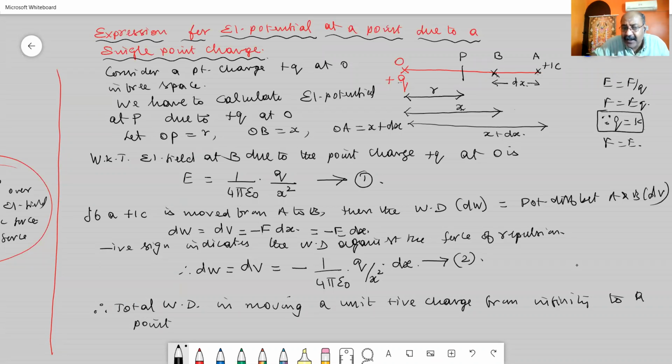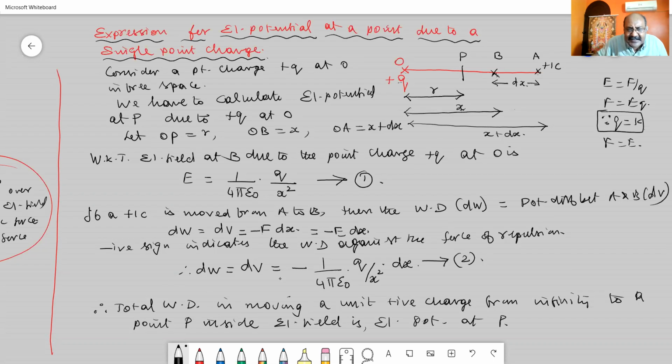At the point P. So the electrical potential at P is nothing but the total work done in moving a unit positive charge from infinity to a point P inside the electrical field, which is called the electrical potential.